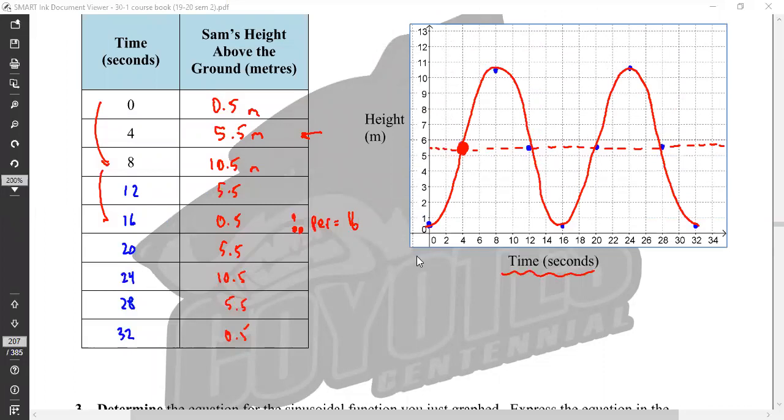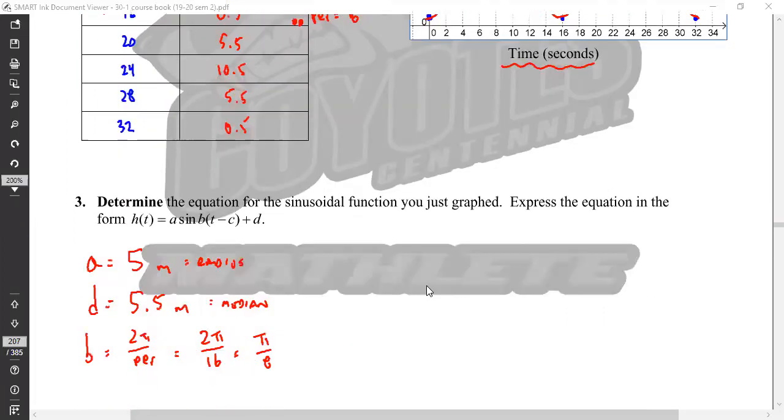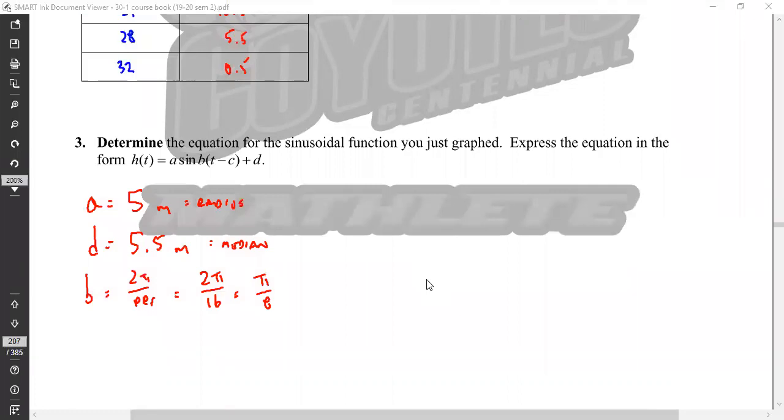So it's been shifted to the right by 4. So c is equal to 4, and our measurement on this is in seconds. Technically, b is not in seconds. What b is measuring is cycles per second. But all that we really need to do here, if we wanted units on period, would be seconds.